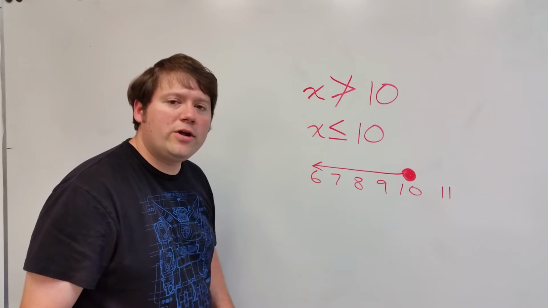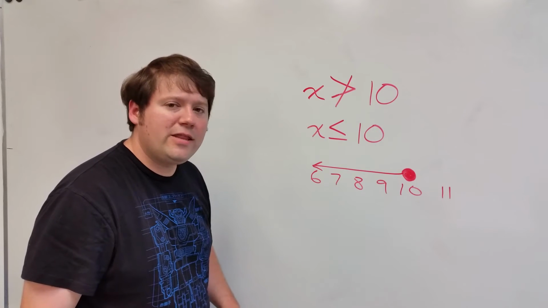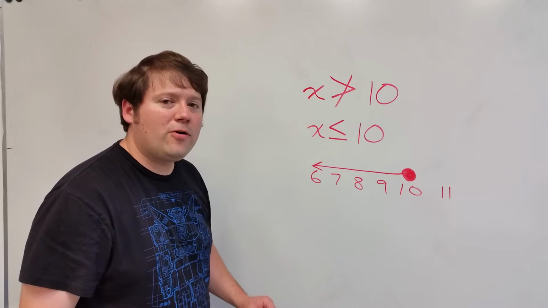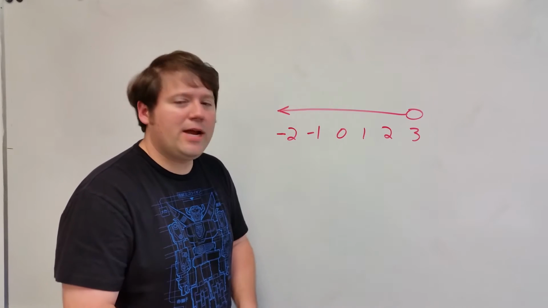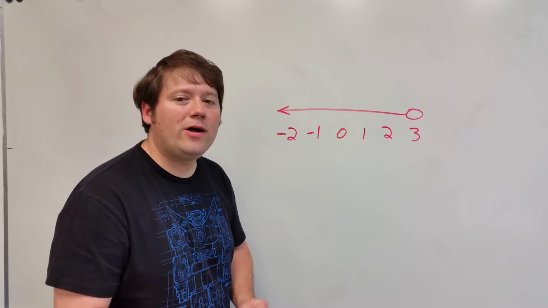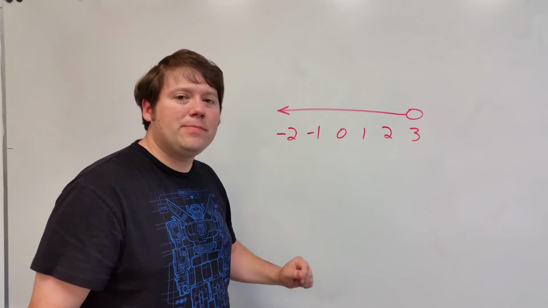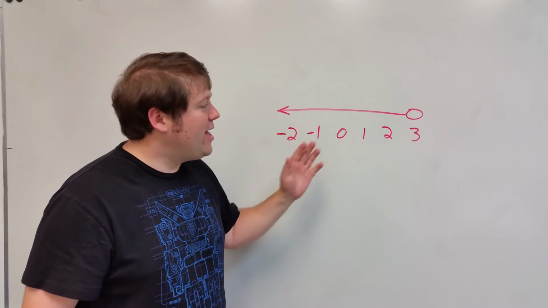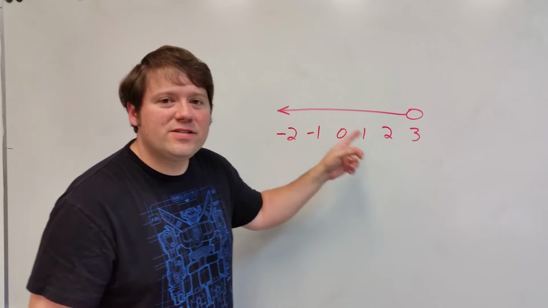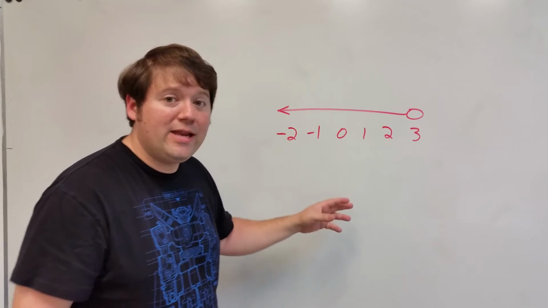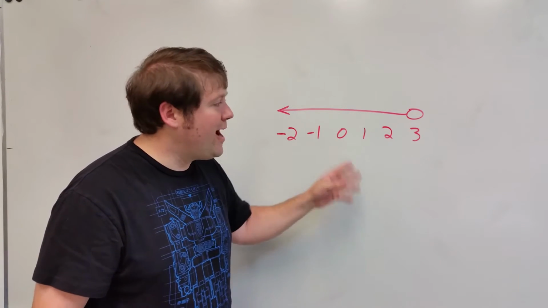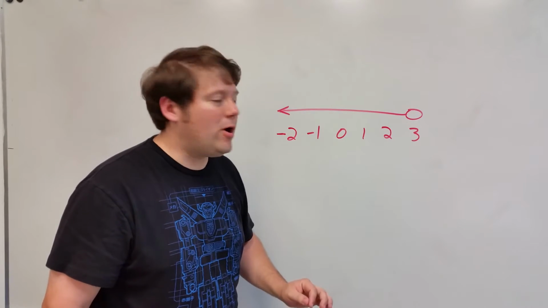All right, we'll look at one other example like this, and then we're going to move to the other part of our lesson today. All right, this is the second example we're going to do on negated inequalities, and this is kind of the opposite of what we just did. This example gives us a graph, and it wants us to write both an inequality, like we've done before, and a negated inequality.